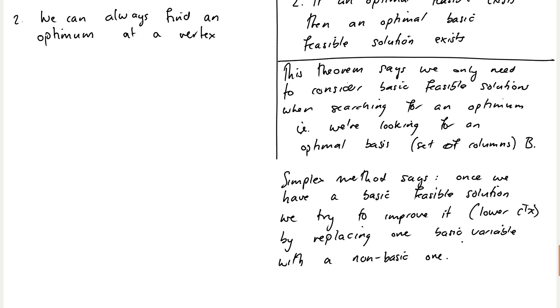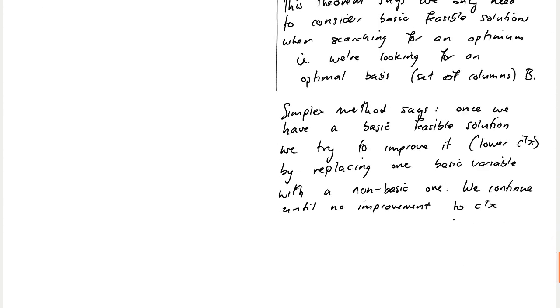So at each step of the simplex algorithm we're looking at replacing one of the basic variables only to improve our cost, and we continue doing this until no improvement to c transpose x, to the cost, is possible.